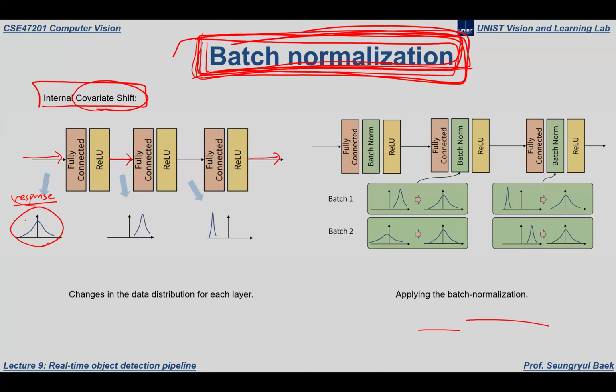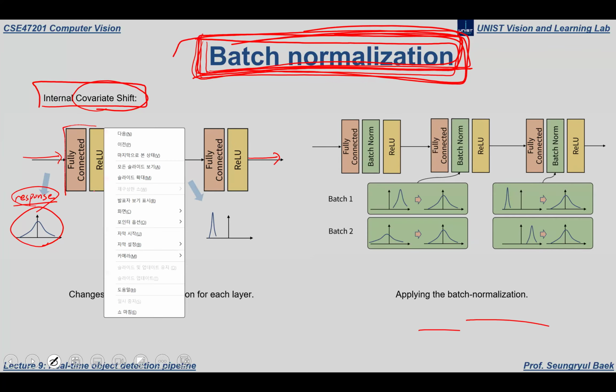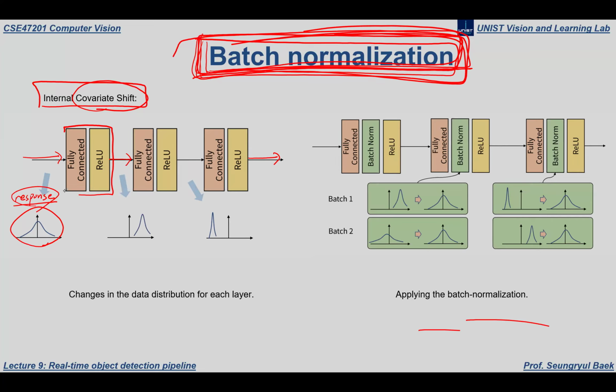After applying one fully connected layer or CNN layer, their responses, their scales, are transformed. Their mean values change greatly from the input when getting the output. We cannot control this type of thing in normal CNNs, and after another layer, the distributions of the responses also change a lot.